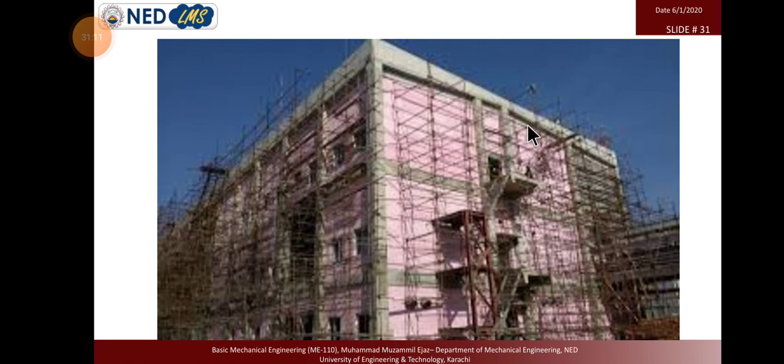If we have a building like this, with Thermocole board insulation in the construction material, and if we place this kind of insulation, we get very good performance of the building. In winter the inside room will be kept heated and will have a very comfortable environment for the people, and in summer, if we run the air conditioner, it will not take as much energy as compared to without insulation.